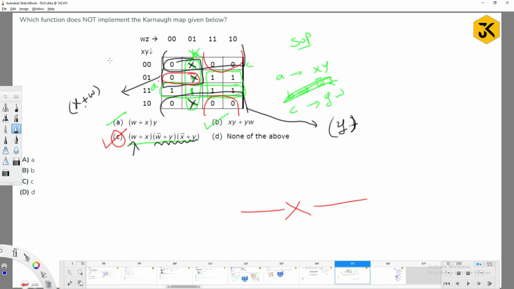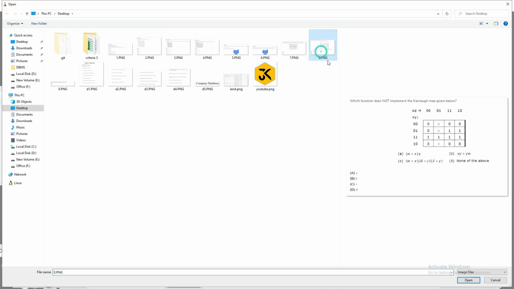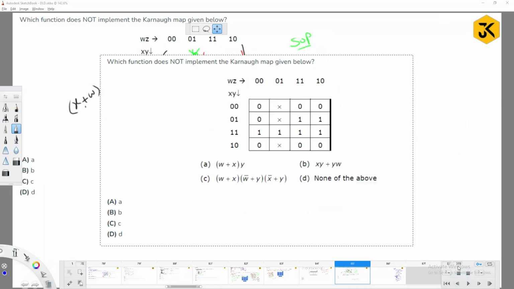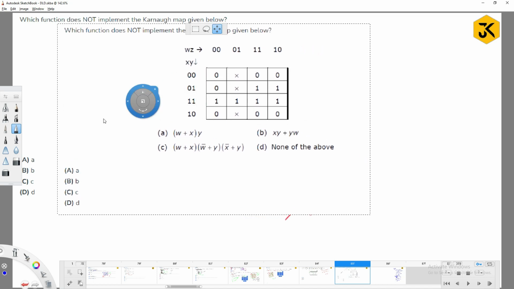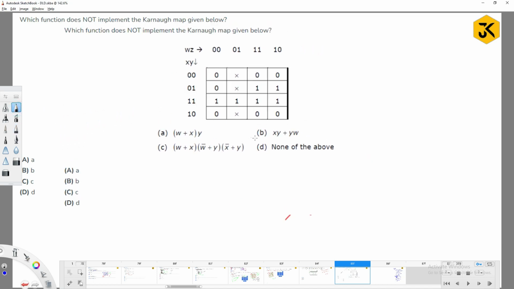So if you are able to observe this question: which function does not implement the Karnaugh map given below? See, I am adding the question, right? Guys, if you observe this one, we need to find the function which is not implemented by this K-map, right?